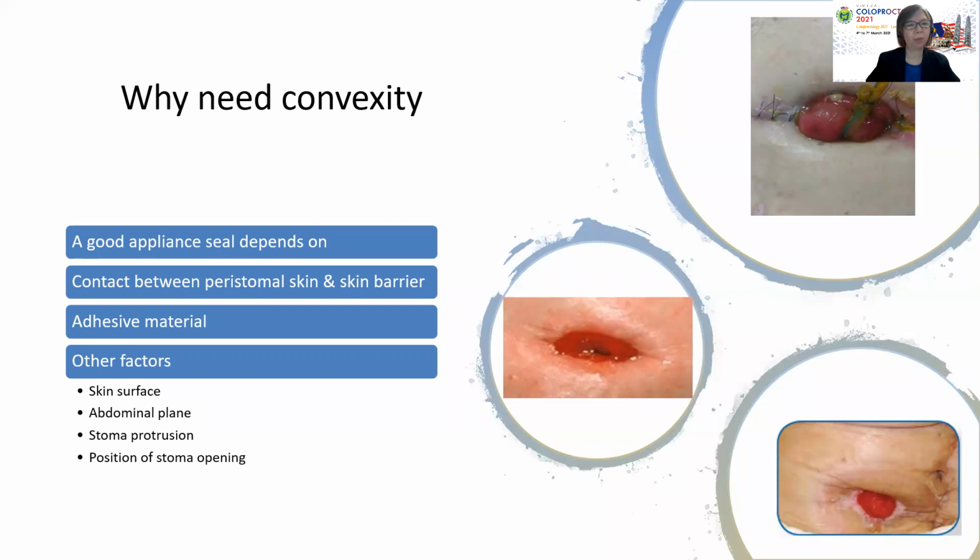But most importantly will be other factors such as the skin surface. For example, if you look at this picture here, the stoma is actually sunken, and the skin outside here has some folds and some suture line, which make the adhesive a bit more difficult to fit in.